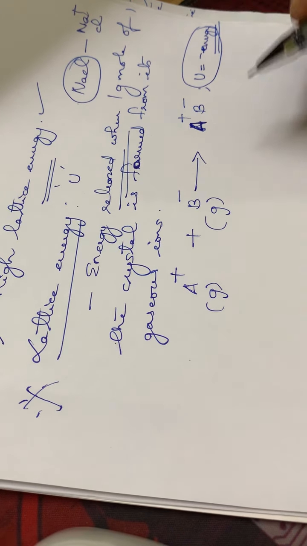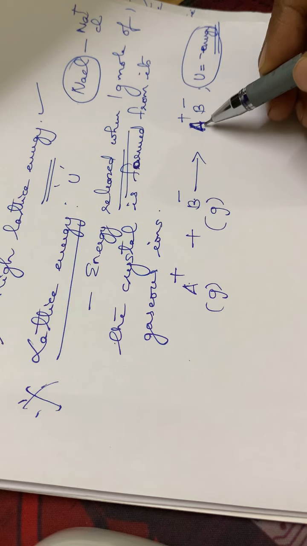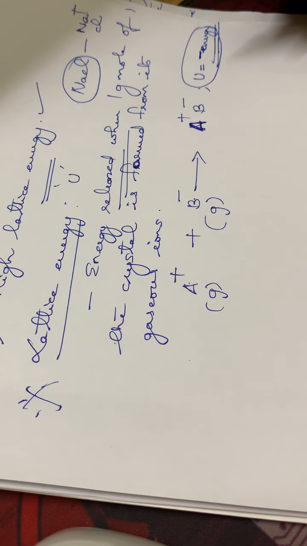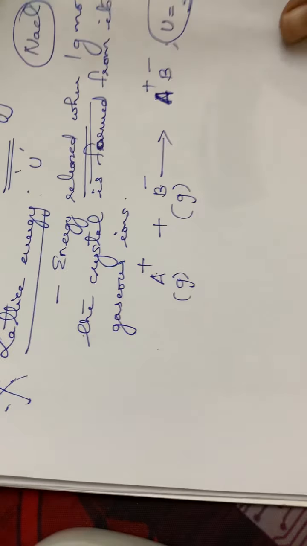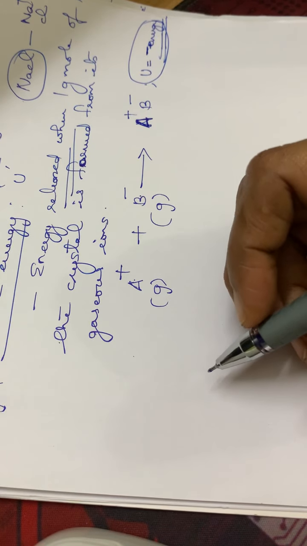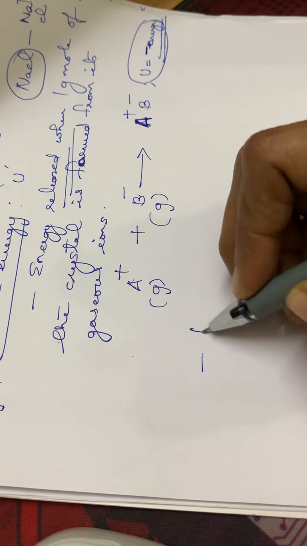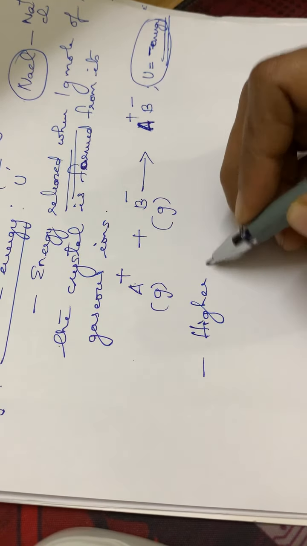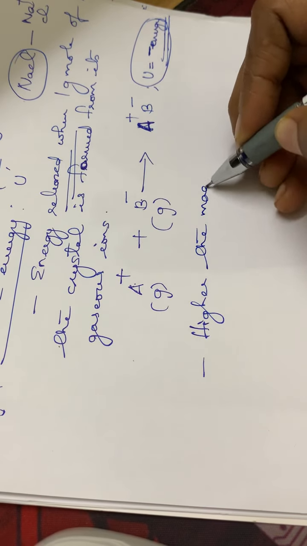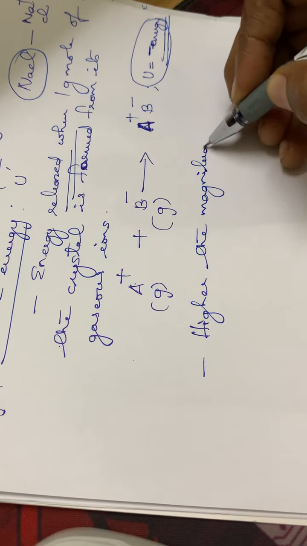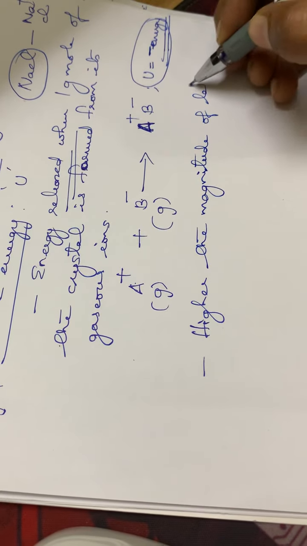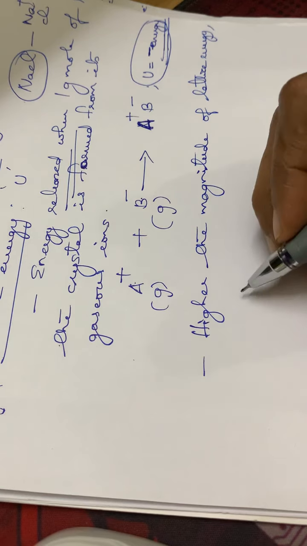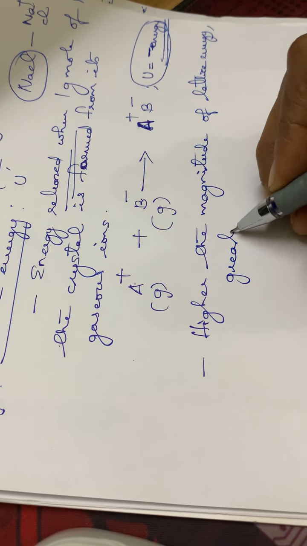And also here, what happens when the positive and the negative ions come closer together, there will be a decrease in energy. This is what this negative sign shows, isn't it? And one more point to see is that the higher the magnitude of the lattice energy, you have to consider the magnitude, higher the magnitude of lattice energy, greater would be its stability.